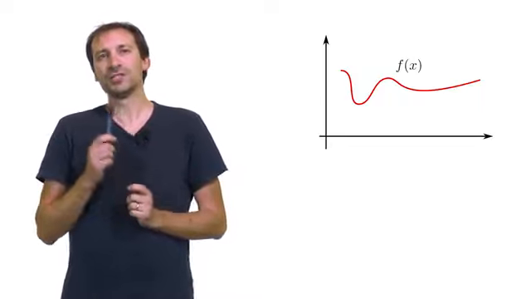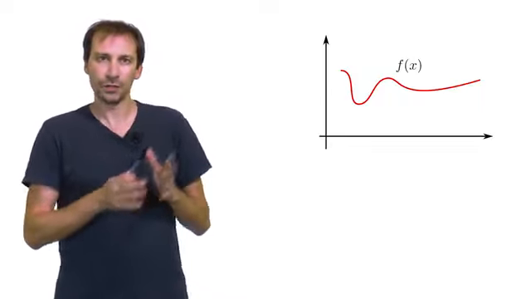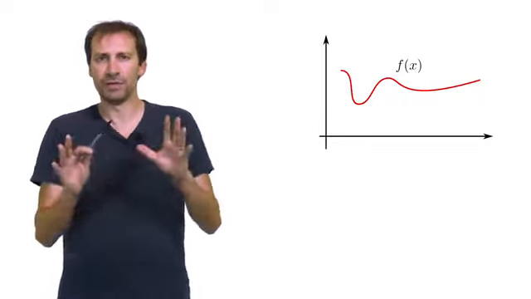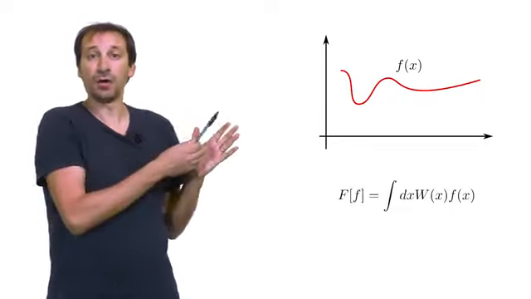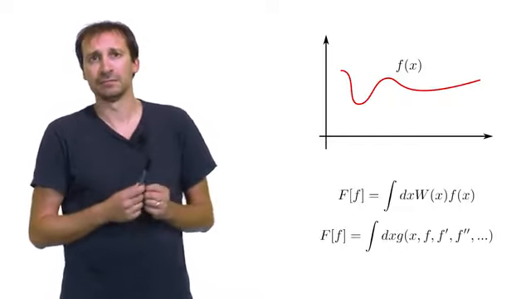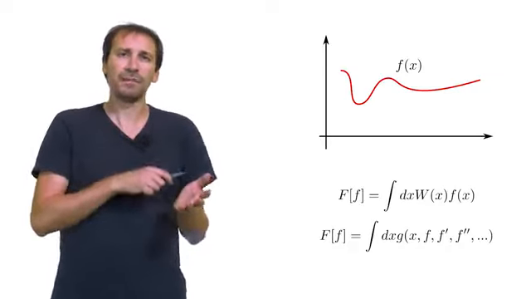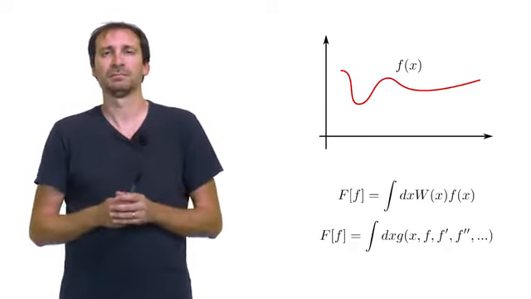So we start with a generic function and decide to construct a functional of this function. It can be a simple function, like here a local multiplicative functional, or something more complicated, like a functional that depends in a certain way not only on f, but also on its derivatives, for instance.